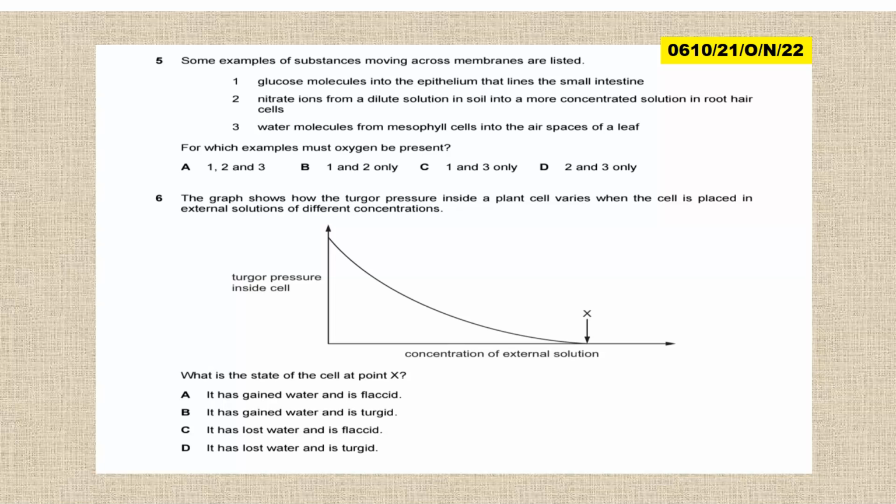Let us look at paper 2, variant 1, October/November 2022. Some examples of substances moving across the membrane are listed: glucose molecules into the epithelial cell, nitrate ions from a dilute solution into a more concentrated one, water molecules into mesophyll cells. Now, in which examples must oxygen be present?